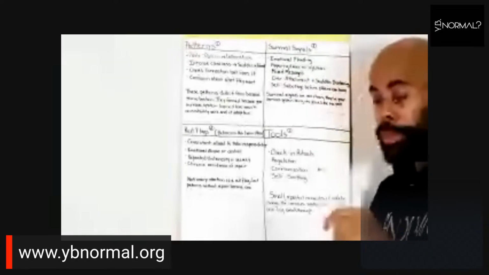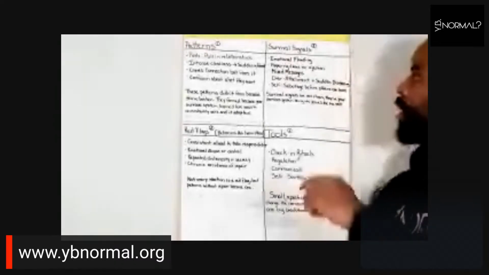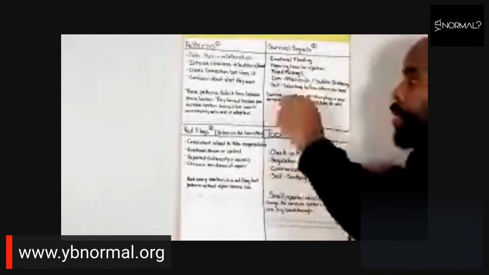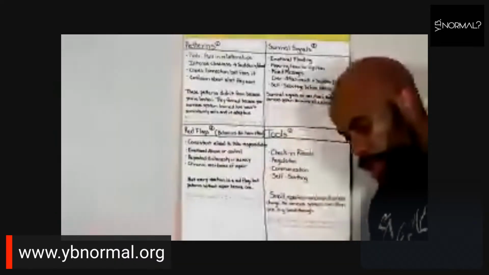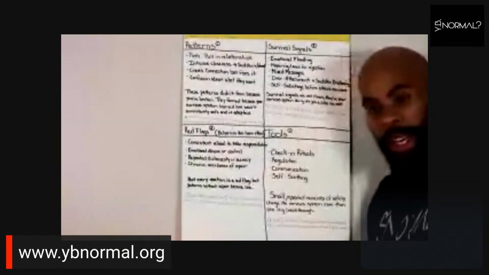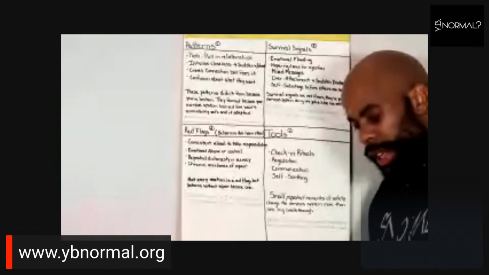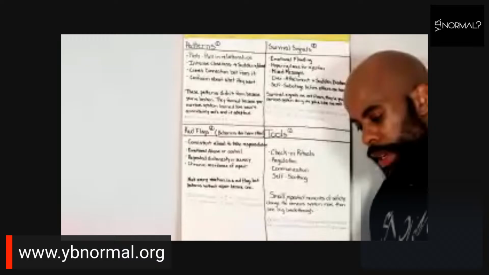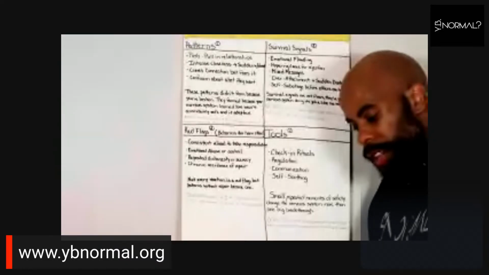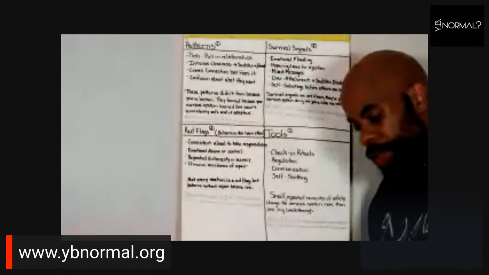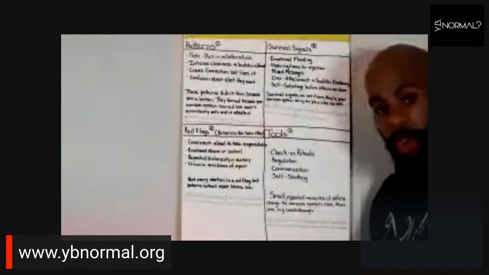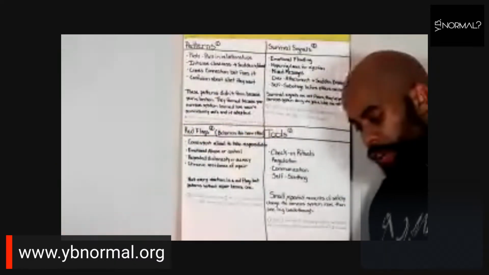Mixed messages. I didn't think I put this one up there, but actually, I did. My bad. Mixed messages: I care, but I need space. What that looks like is two nervous system states activated at once: attachment and protection. What's really happening is one part wants closeness and reassurance, and another part fears dependence or loss.